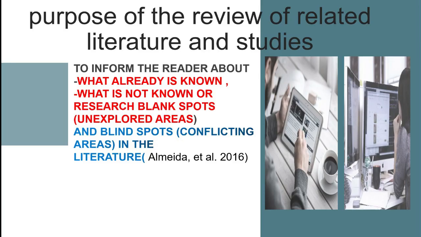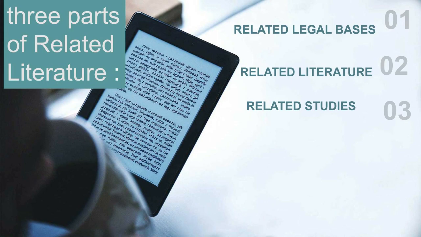The purpose of the review of related literature and studies is to inform the reader about what already is known, what is not known, or research blank spots or unexplored areas, and blind spots or the conflicting areas in the literature, according to Almeida et al. in 2016. In the research paper, thesis, dissertation, and research project, related literature review is divided into three parts.